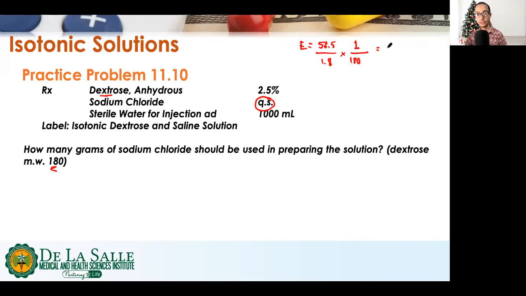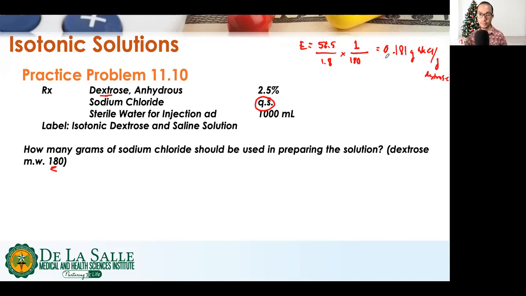So it should be equal to 0.181. 0.181 gram sodium chloride represented by 1 gram of the dextrose.